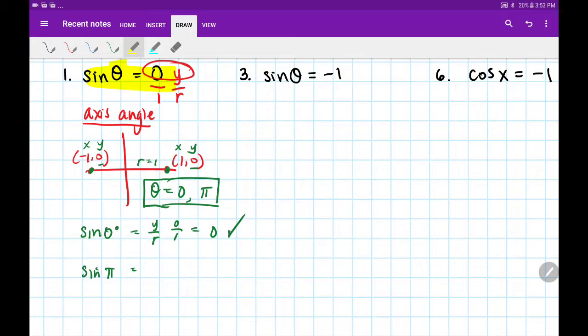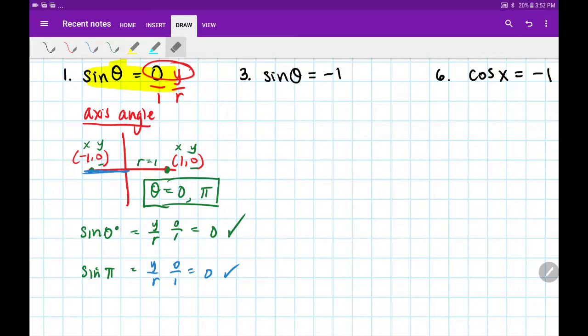I'll do it one more time for sine of pi. At pi, or at 180 degrees, my y is 0 and my r is 1. So sine of pi is also 0. So you can always verify, check your work that way.